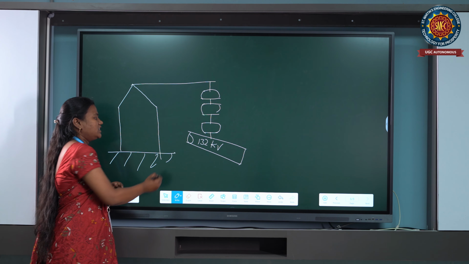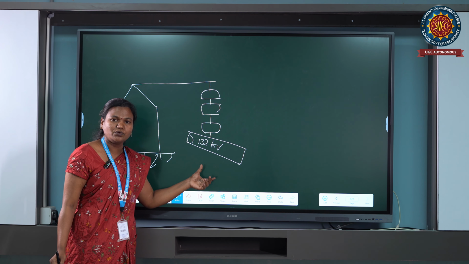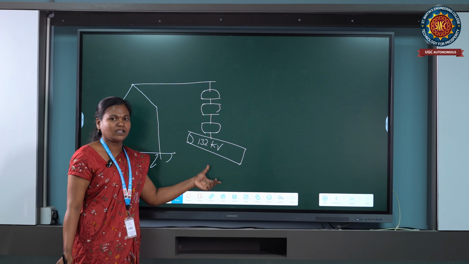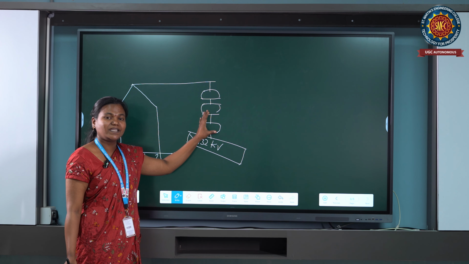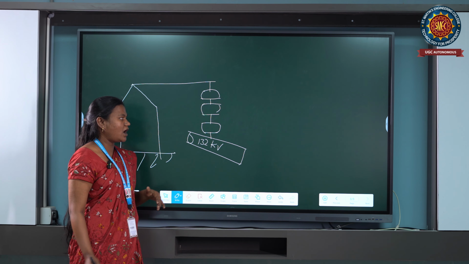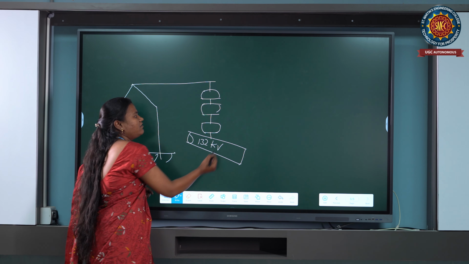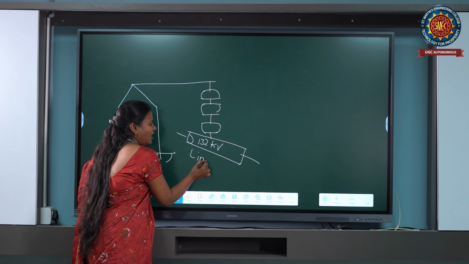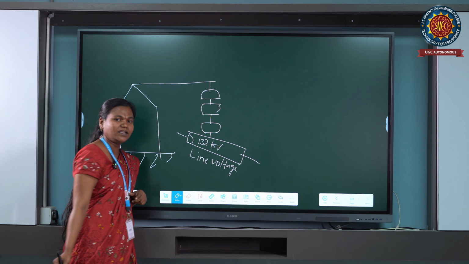Now suppose we are using a 132 kV line voltage passing through this conductor. Here we have to decide how many insulating discs we have to provide. This is our line voltage, 132 kV, passing through this conductor.